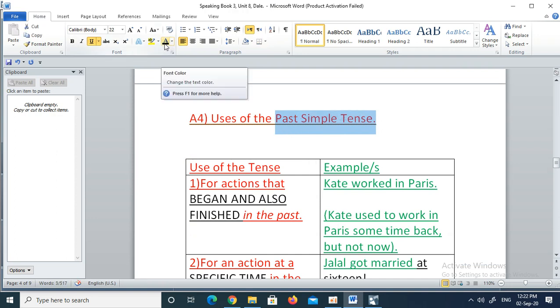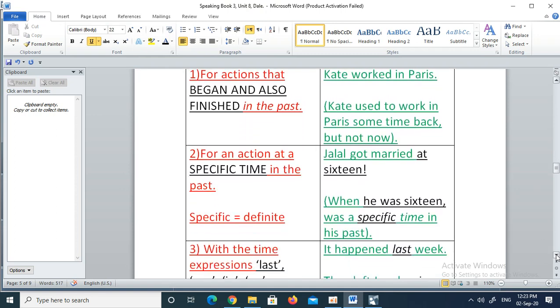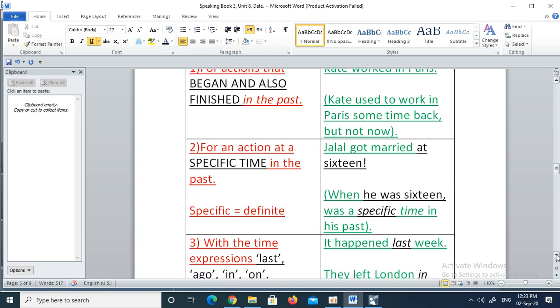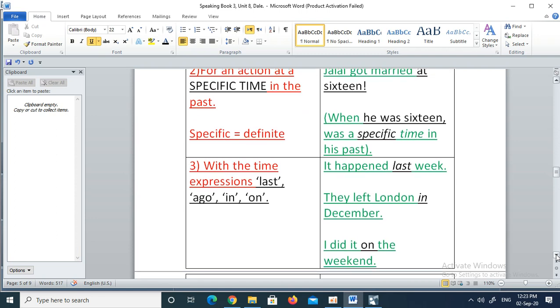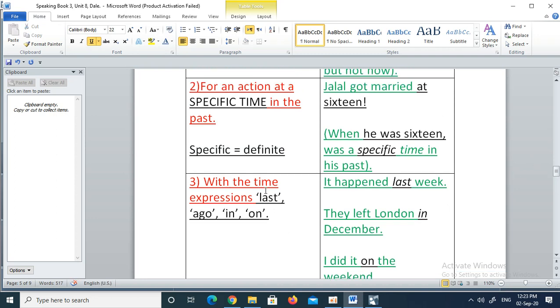So remember that. 3 specific uses of the past simple tense. Number 1, for actions that began and also finished in the past. Number 2, for an action at a specific time in the past. And if you didn't know what that word specific means, it means definite, a definite time in the past. And number 3, we use it with the time expressions last, ago, in, and on.